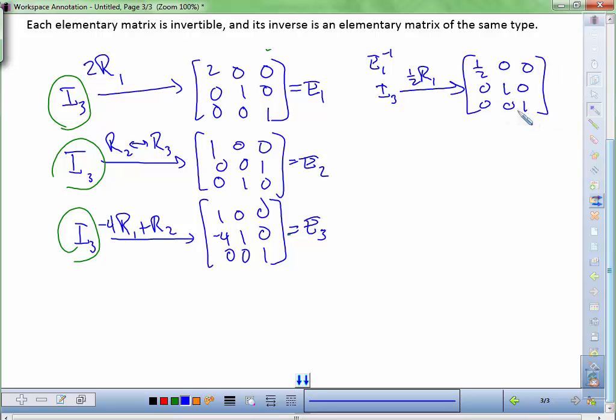Say it again? Oh, I'm not going from here. I'm going from the identity. So it's that thing that I want to create an elementary matrix.